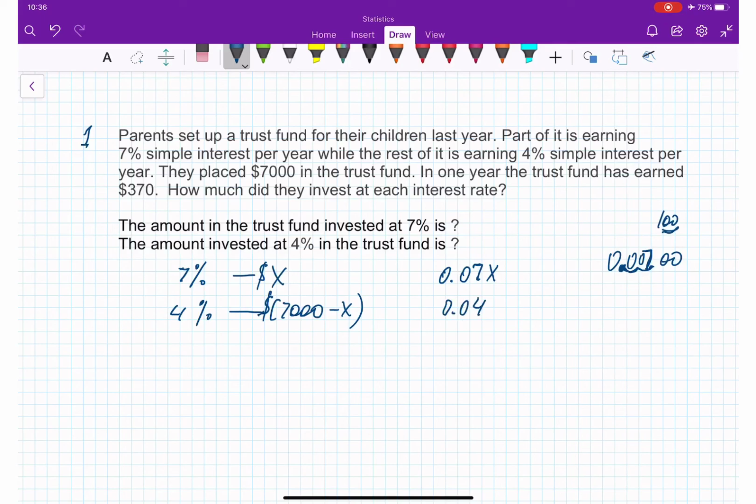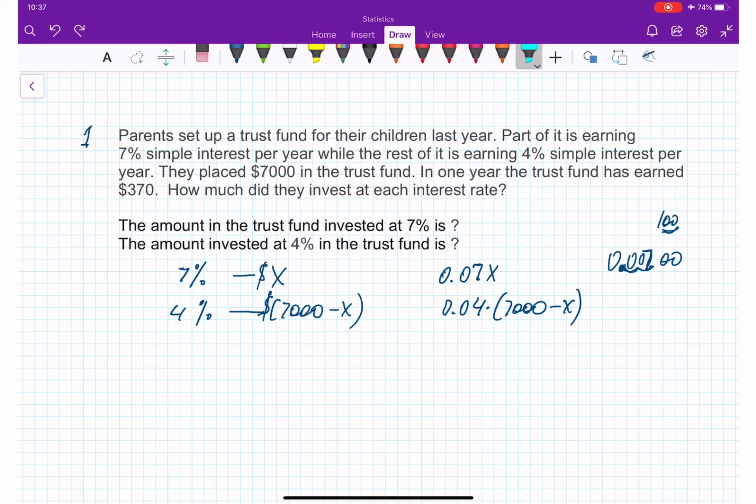Now, for 4%, they invested $7,000 minus X dollars, which is going to be 0.04 percentage times the dollar amount. And that is per year, right? Because it's a 7% interest per year and 4% interest per year. So in 1 year, the trust fund has earned $370.